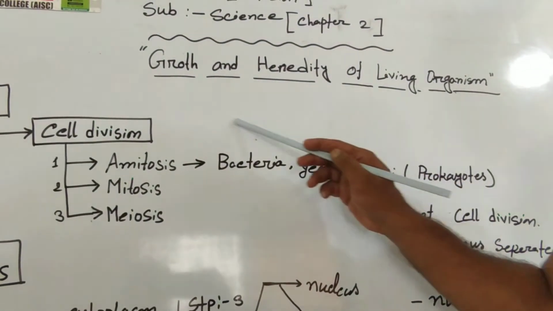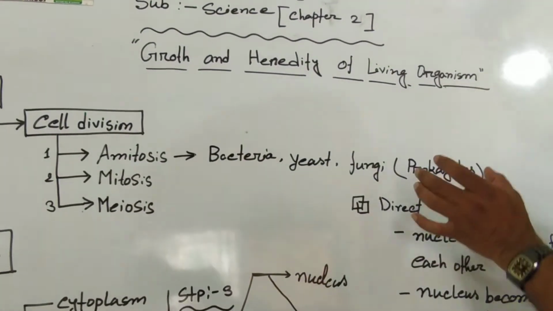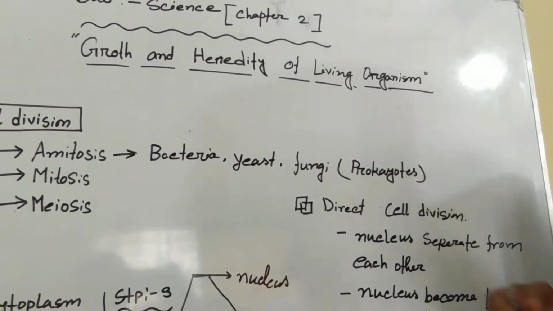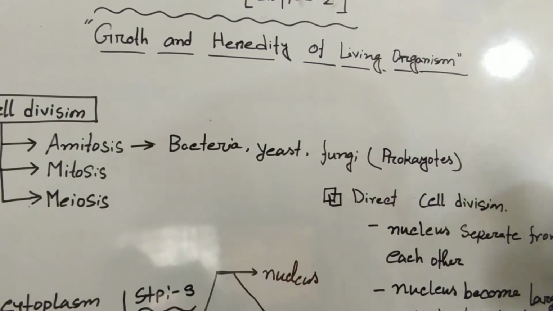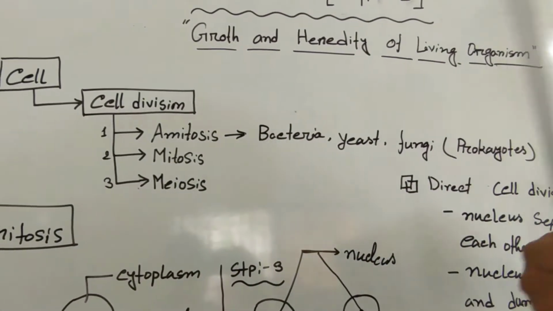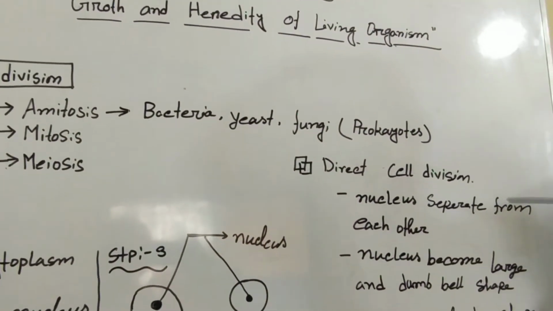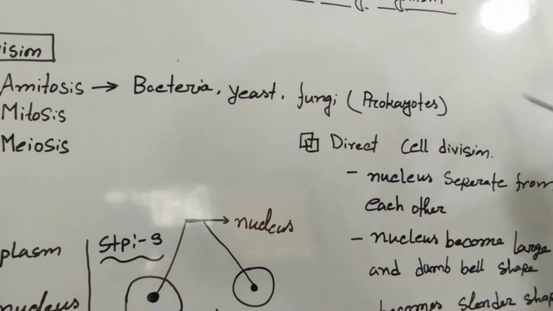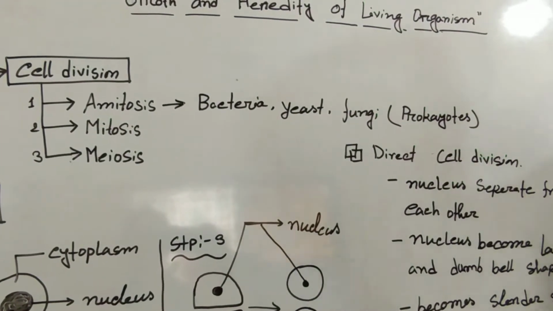If someone asks what kind of organism bacteria is, you know that it is prokaryote. It's sort of a small MCQ question, so you need to have a very good idea of it. Don't try to memorize. The other name of mitosis is direct cell division. If someone asks you to discuss direct cell division, direct cell division and mitosis are the same thing, with different names.